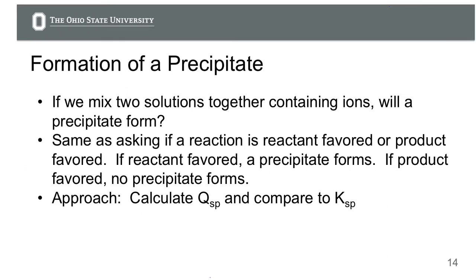Continue our discussion here on precipitation and equilibrium involving that. So let's now look at how our calculations of equilibrium involving the formation of a precipitate. If we have two different solutions containing anions and cations of a particular type, we mix those together, will a precipitate form?